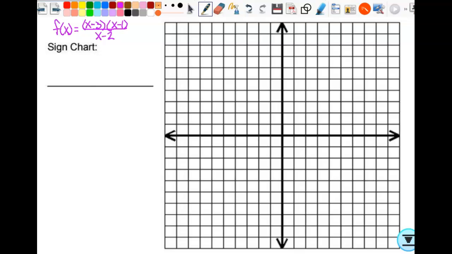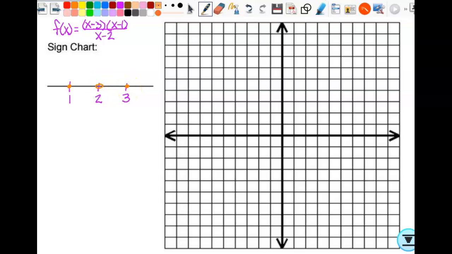Okay, so there's 3 things that go on my sign chart. I have a 1, a 2, and a 3. So does the 1 get an open or closed circle? Closed. 2, open. 3, closed.